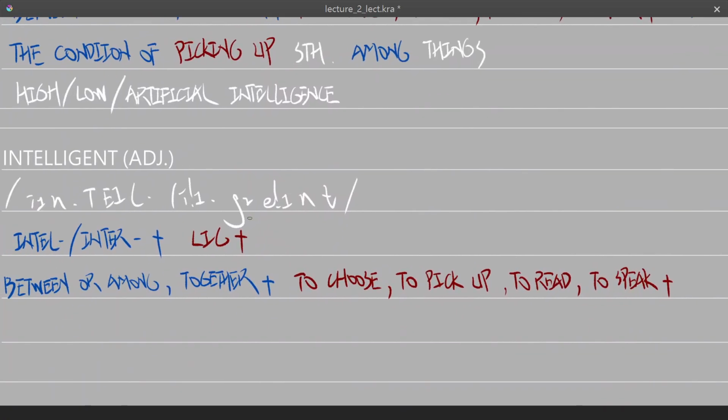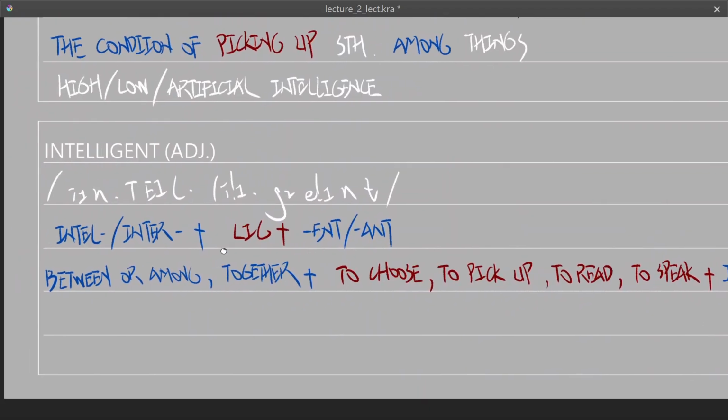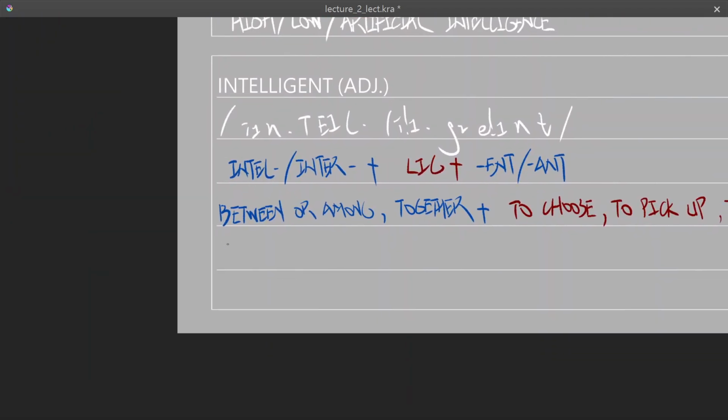And lastly, we have an adjective suffix ent or ant, meaning in a certain condition. So intelligent literally means in a condition. What kind of condition?